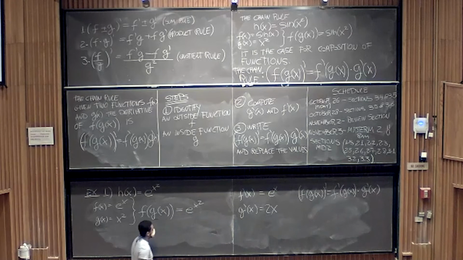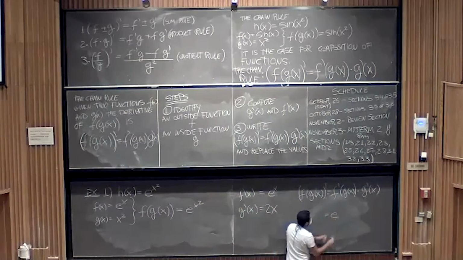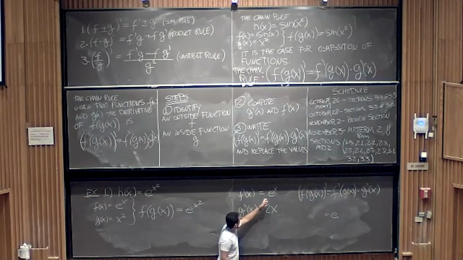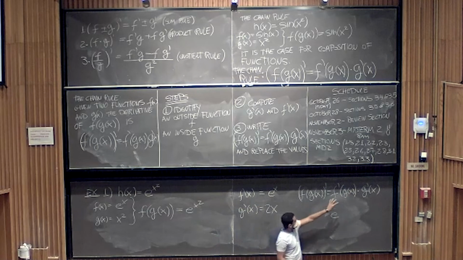Great. So let's replace. What is the derivative of f? E to the power x. So it's going to be e to the power g of x, right? Because that's my function f prime. And I'm going to plug here the function g. What is the function g? X squared. So I'm going to write down e to the power x squared.